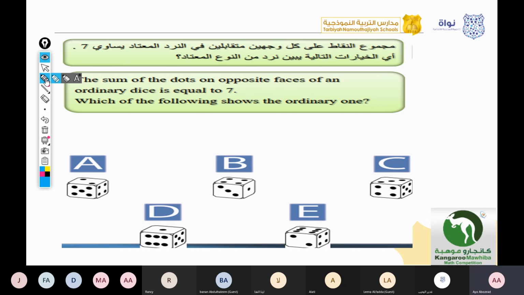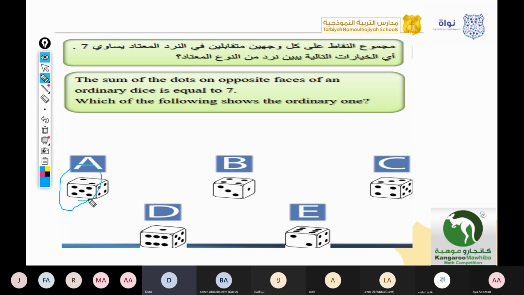Okay, now the first true answer is Lati. Excellent. So now Donna will explain why you choose B. Remember, each two opposite must be 7. Yes, teacher. Each two opposite must be 7. So now look here.